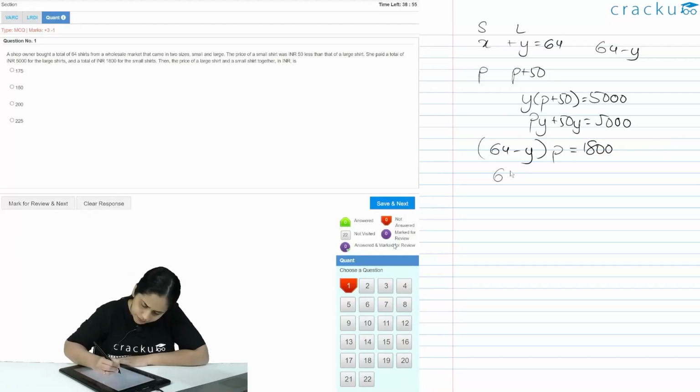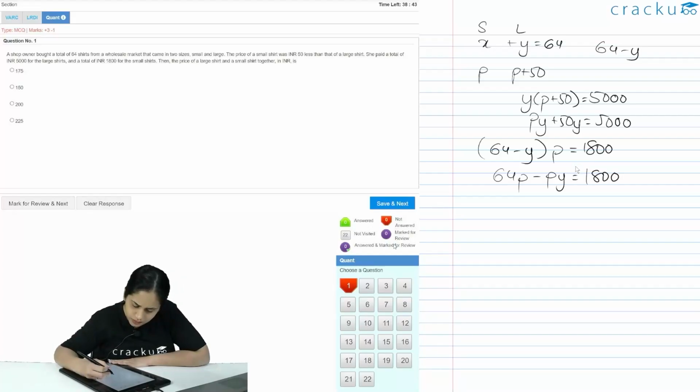So 64p minus py is equal to 1800. 64 minus y times p.